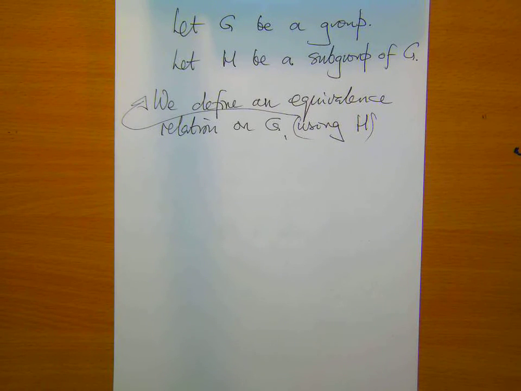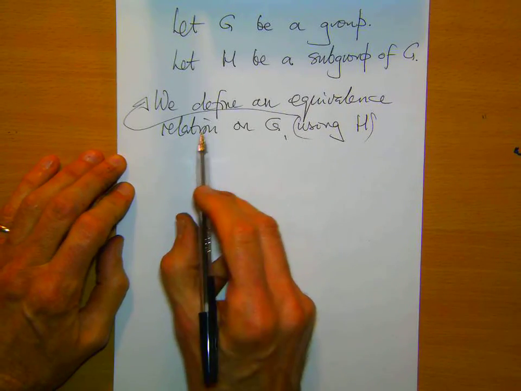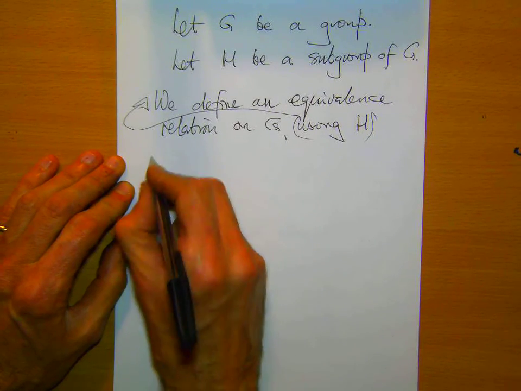And in fact, we could go in two different directions. We could go on the left-hand path or the right-hand path. I'm just going to talk about the left-hand path. So the first thing I'm going to do is define a relation, and then I'm going to check that it is actually an equivalence relation.